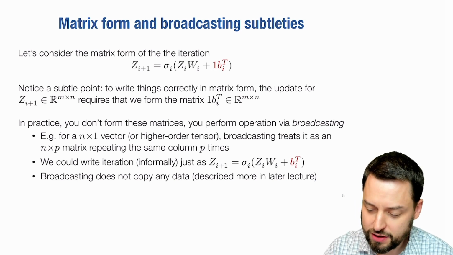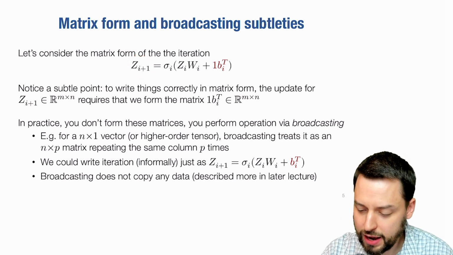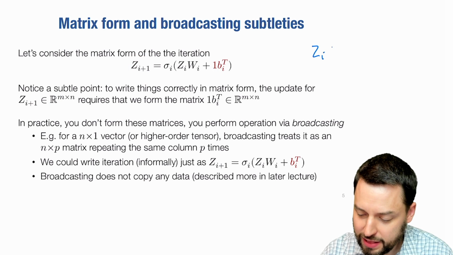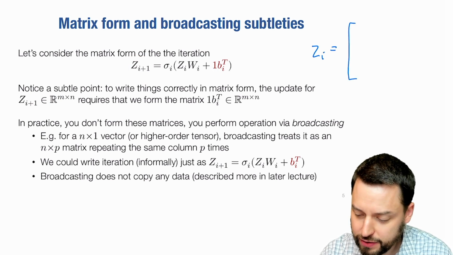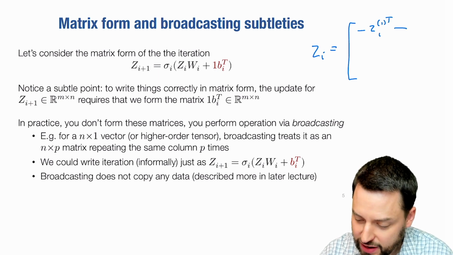The most obvious thing to do is say, well, we have our matrix form as before. Remember, we have our terms z_i here. So Z_i is going to be a stacking of all the z's. In the first row, it would have z_i1 transpose.